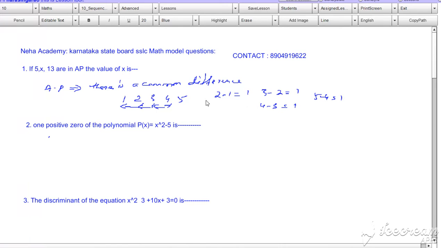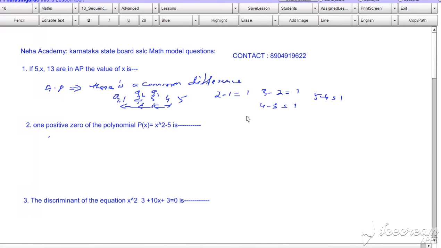These are called terms: the first term A1, A2, A3, like that.